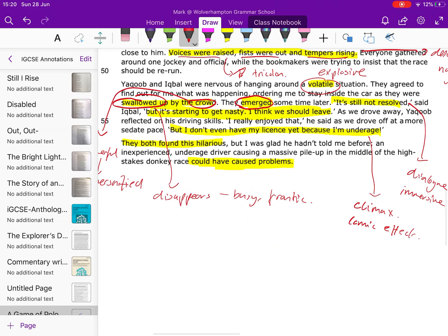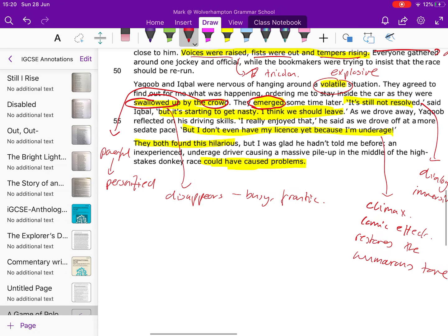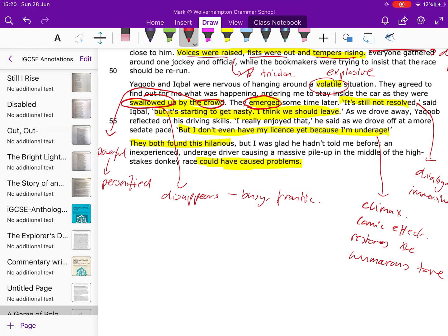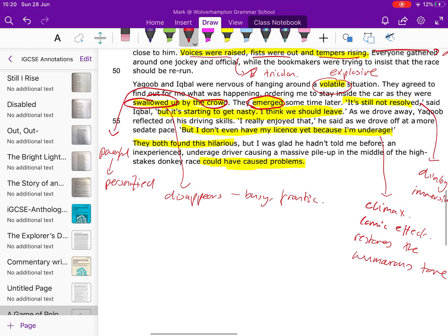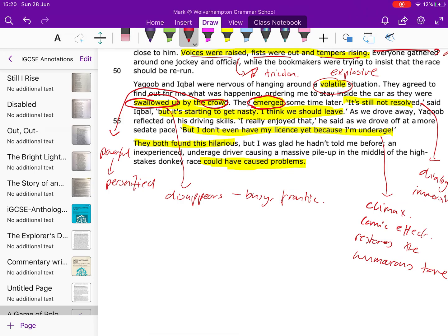So she leaves it to the end, so that restores the humorous tone, because it was very serious, and now that detail brings the humorous tone back for the end of that paragraph, and it makes that whole piece of writing fit together. They both found this hilarious.